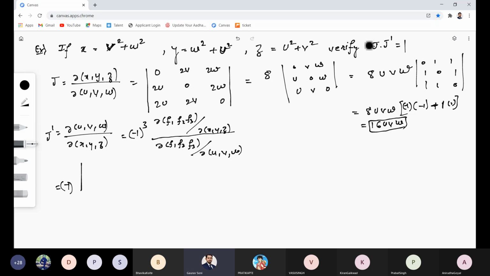F1 with respect to X. Let's write down F1. F1 is X minus V square minus W square. F2 is Y minus W square minus U square. F3 is Z minus U square minus V square.